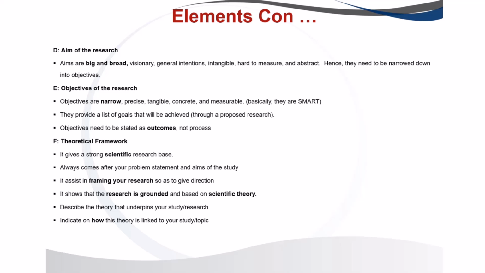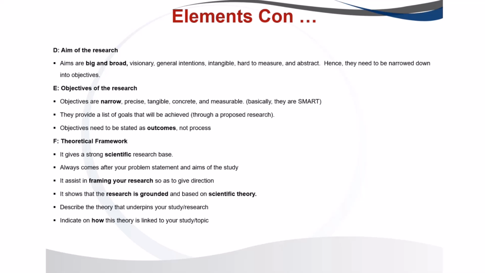Okay. But basically, theoretical framework gives a strong scientific research base. It always comes after your problem statement and aim of the study. It also assists in framing your research so that you could have a better direction. You can't have a research which is not underpinned by any theory.